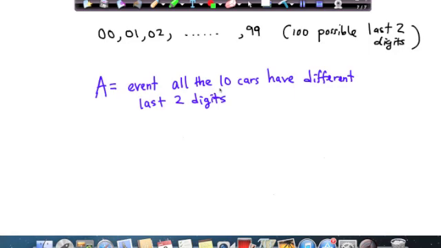Now suppose A is the event that all the 10 cars have different last two digits. We want to find the number of elements in A. Each element in A can be represented by the 10-tuple x1, x2, and so on up to x10, where we want all the xi to be distinct.